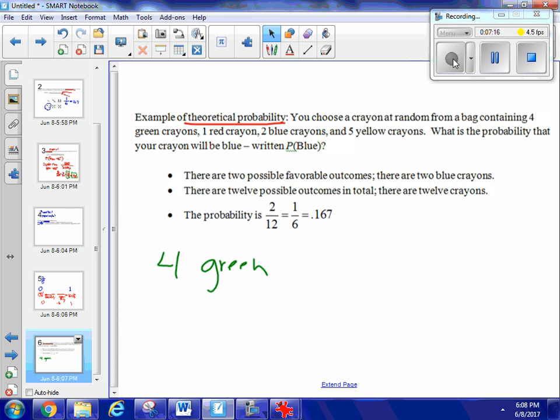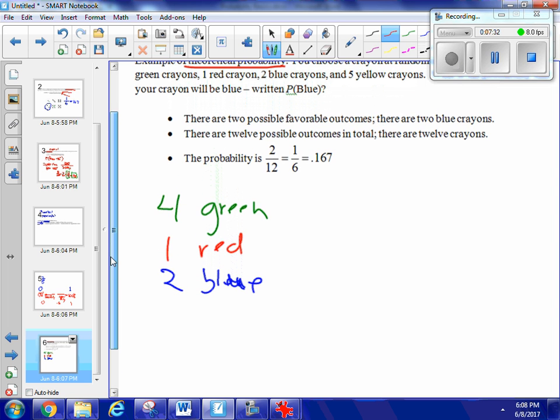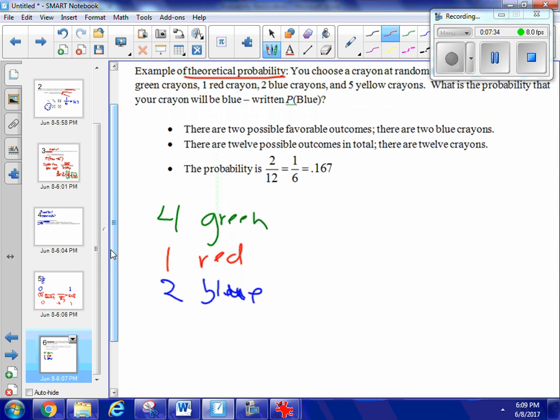I have 2 blue, B-L-U-E. And I have 5 yellow. I'm going to put yellow in black because yellow doesn't show up very well.